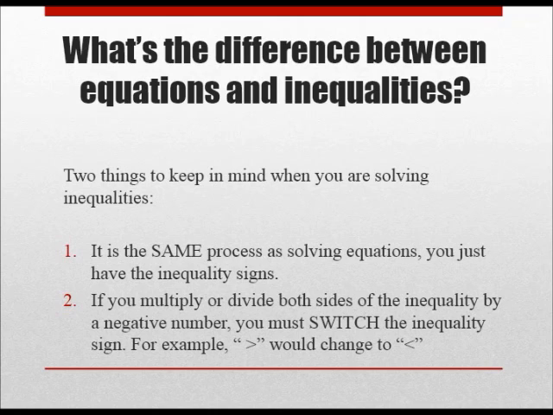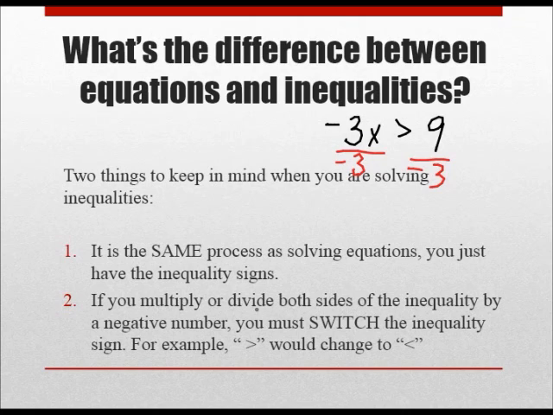Let me show you a quick example of this. If you had -3x is greater than 9, your inverse operation is to divide both sides by -3. Whenever you do this, you have divided both sides by a negative number.